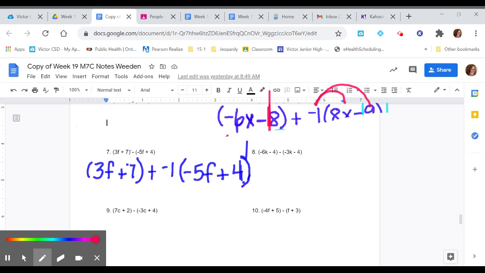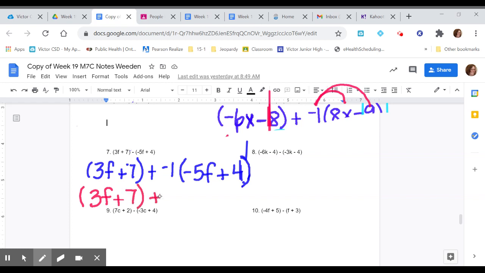Again, I've rewritten number 7. Instead of minus the set of parentheses, I put my plus -1 there, and now I'm going to distribute the -1. So we have 3f plus 7. -1 times -5f is a positive 5f.